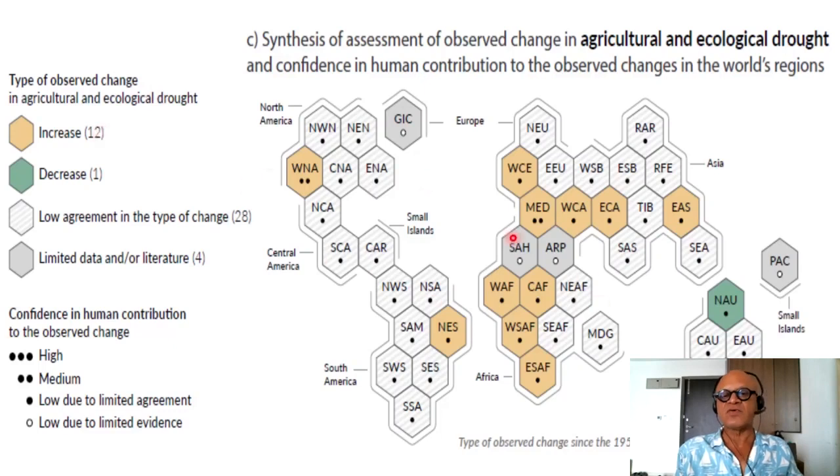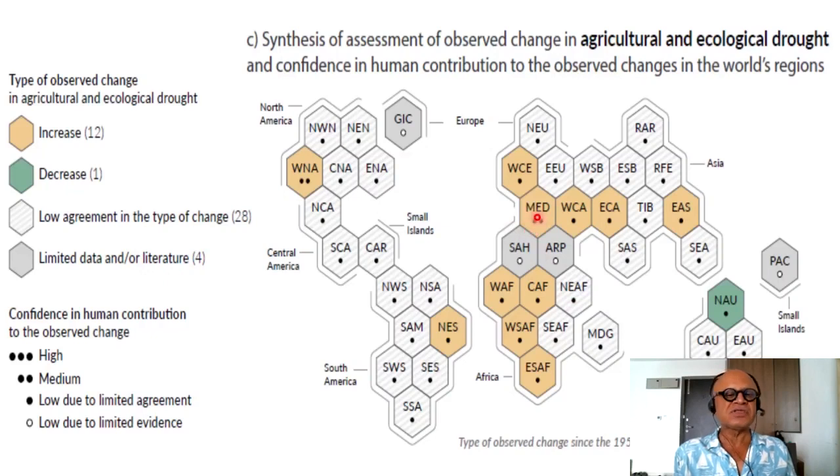Again, the story is quite mixed in terms of increases. There are about 12 regions. There is one region that shows a decrease in northern Australia, and most of the other regions have low agreement in the type of change and low agreements due to limited data and or literature, and again confidence levels are typically low.